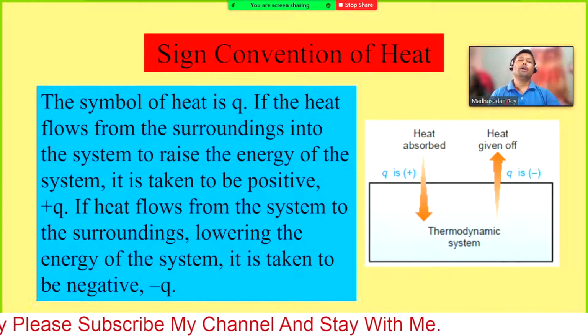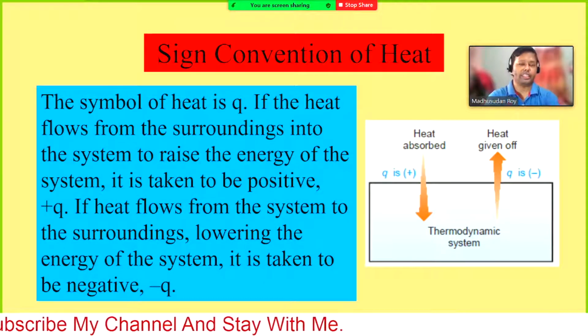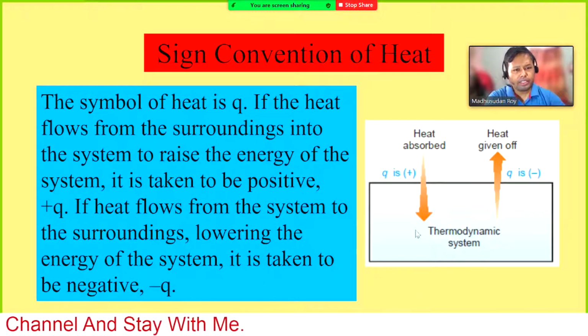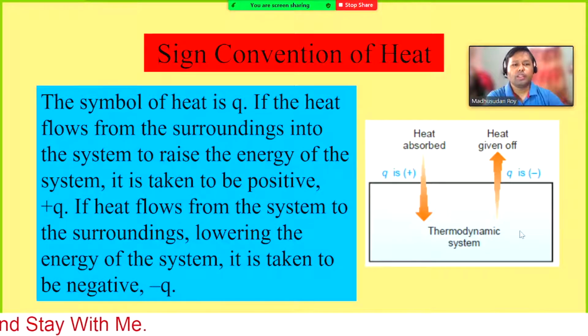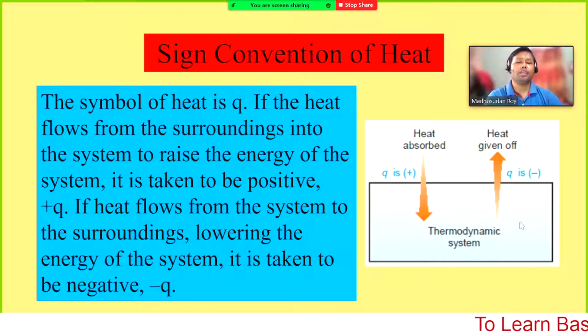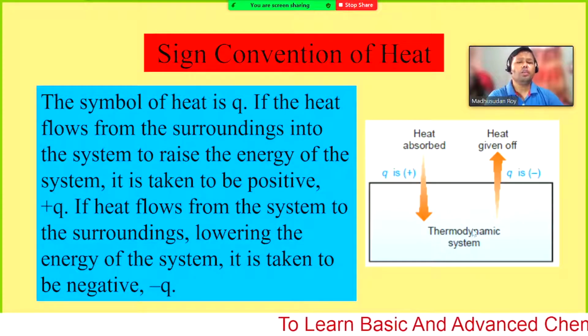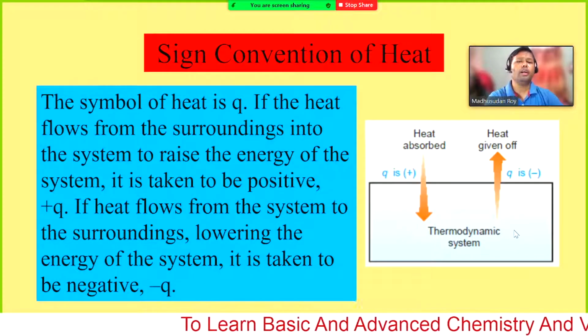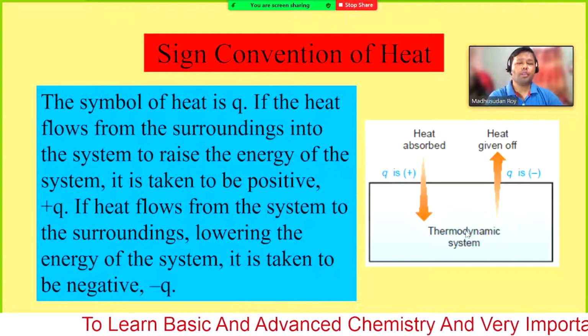Now what is the sign convention of heat? This is a system. If you have a closed system or open system or any other type of system, as I mentioned in the first lecture, in the first class I mentioned the open system, closed system, like this.